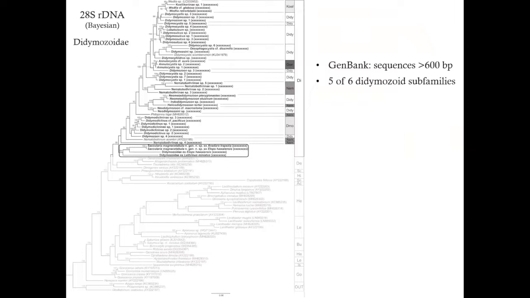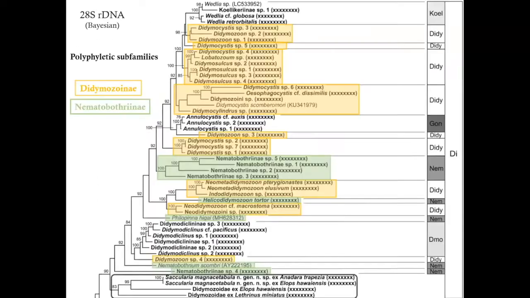And we found out that the Sacchalarina magnestabula and 2 other uncharacterized taxa form a clade that is actually sister to all the other didymozoids we collected. So we thought, oh, maybe we should raise this to a new subfamily then. Except no, because all the subfamilies within the Didymozoidae are polyphyletic.